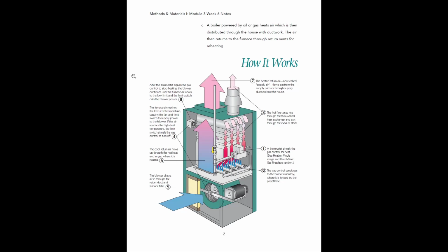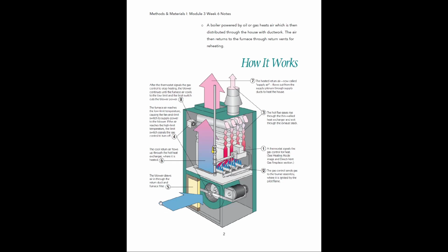All right, so here I have a little diagram, and this is showing a typical gas-powered heater, so like a furnace unit. This just walks you through the process of how the air is taken and heated.